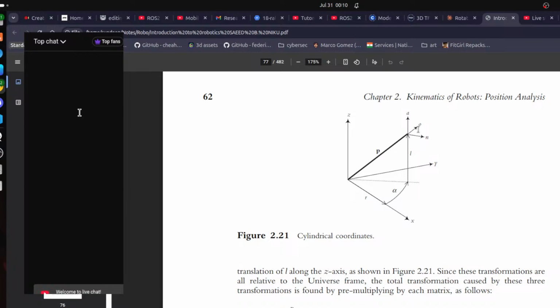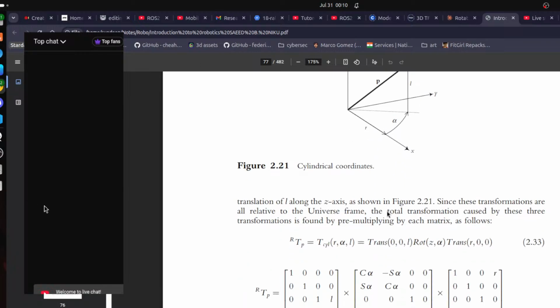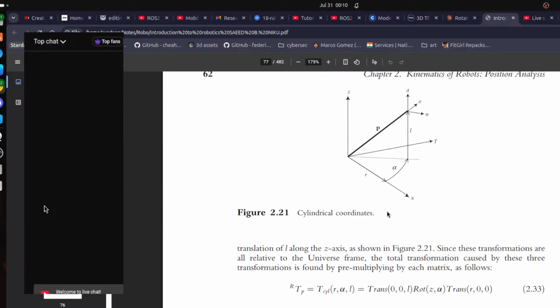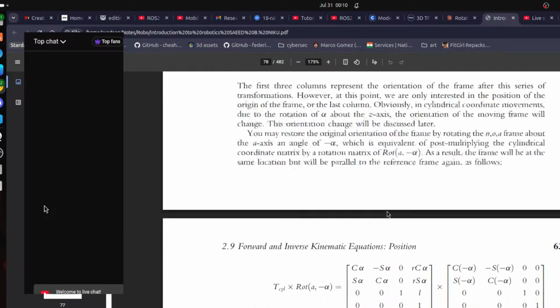I could find this out if I used a paper and a pen, but I'm just too lazy to do that right now.